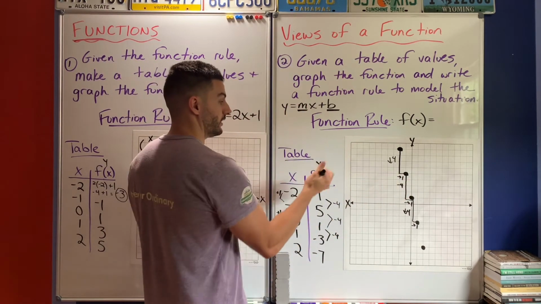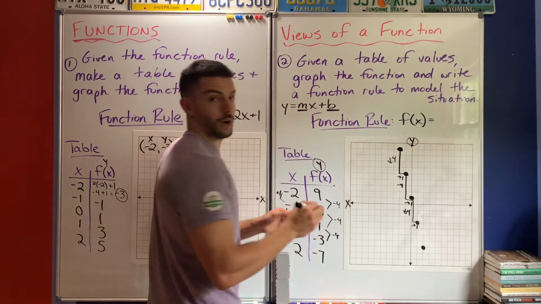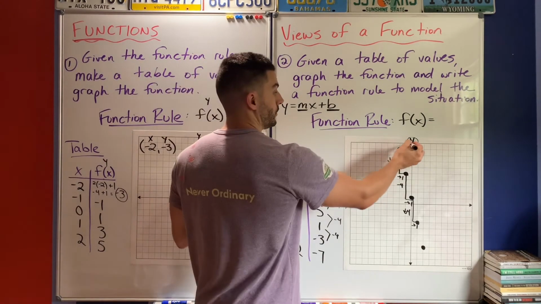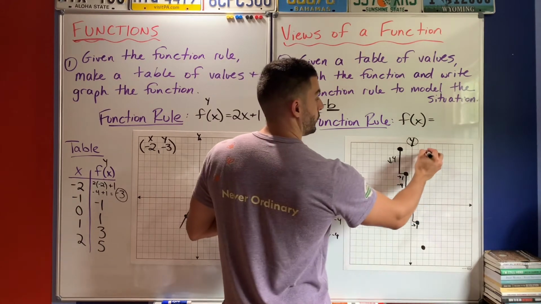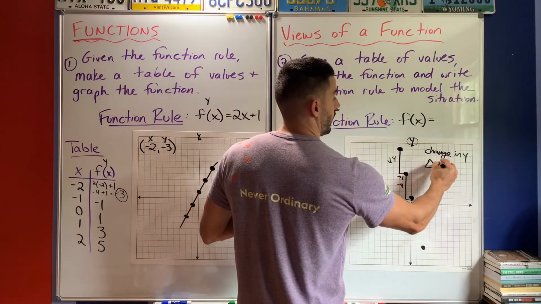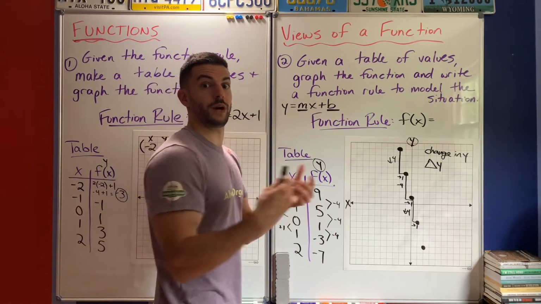And even more so, these are the y values. The y-axis on the graph is the one that goes up and down, right? So I would call that the change in y. What's the change in y? Or in math, that's delta y. Delta is just a fancy symbol that means the change in. How does y change?